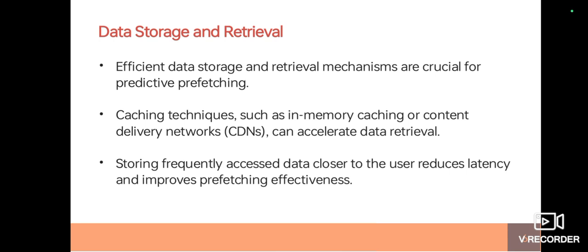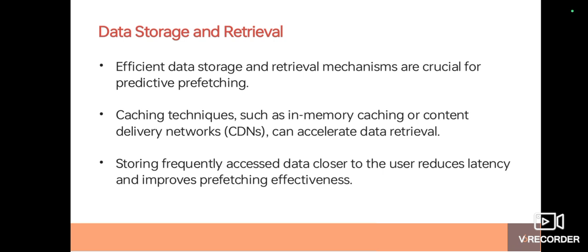Data storage and retrieval. As I said before, the historical data has been given to the system. Efficient data storage and retrieval mechanisms are crucial for predictive prefetching. So efficient data must be stored and retrieved when we use it. Caching techniques such as in-memory caching or content delivery networks can accelerate data retrieval.